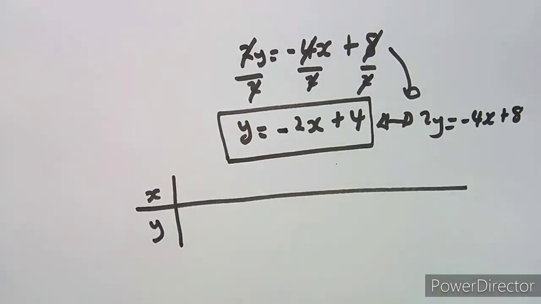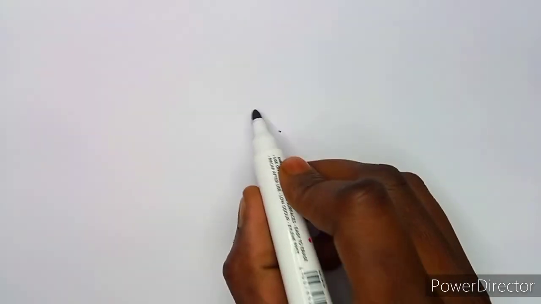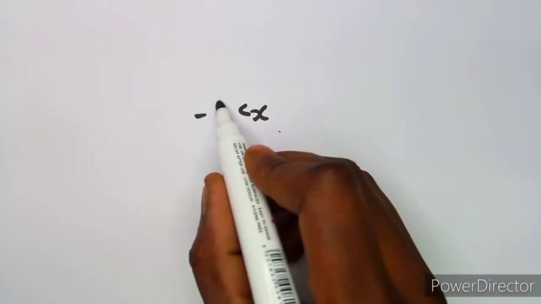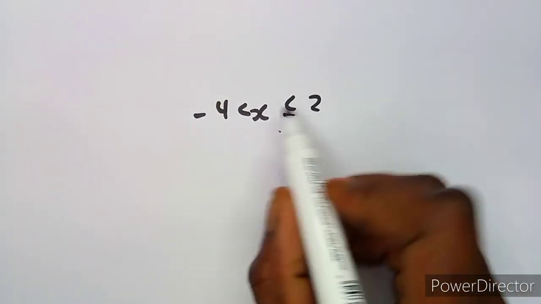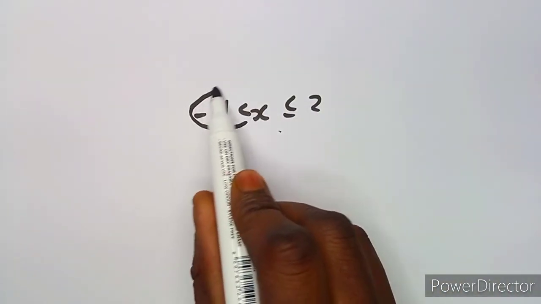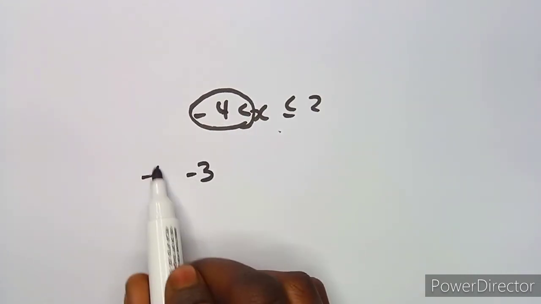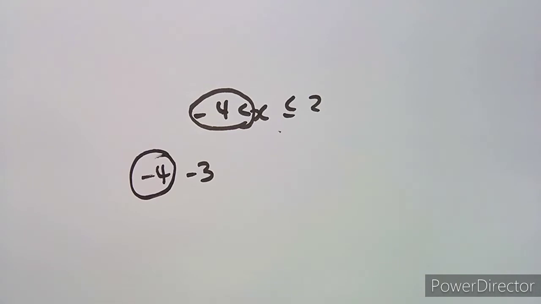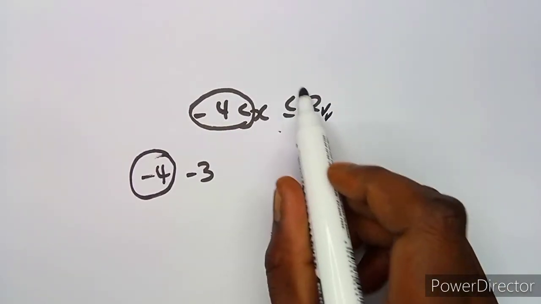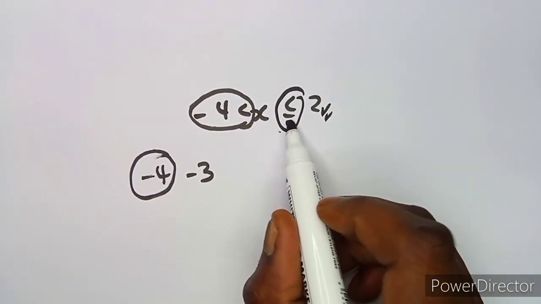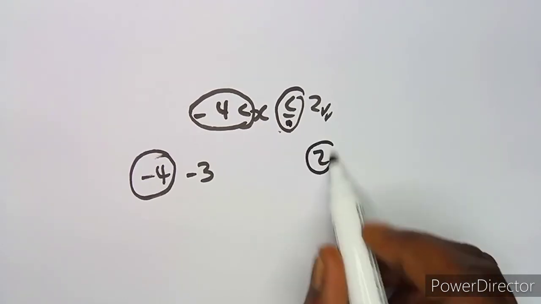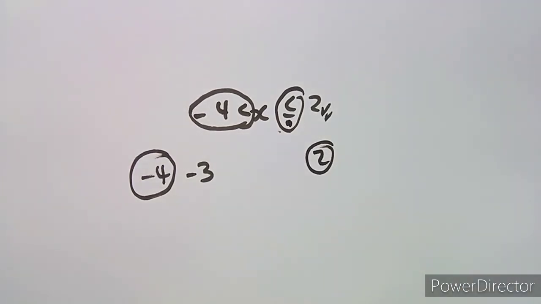I explained this from one of the question papers: if you are given it like this, on this part you are going to start from -3. -4 is not included, but here we are going to end at 2 because it's less than or equal. There is an equal to here, so you end at 2. So you start with -3 and we end at 2.